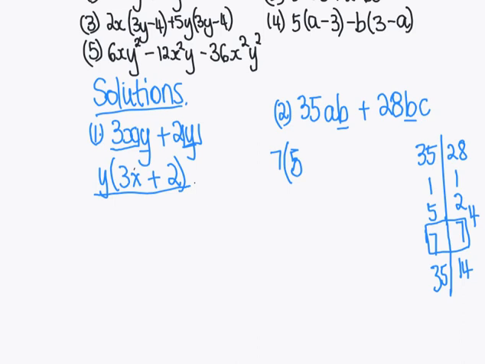Let me just write that correctly. Oops, I made a mistake here. B is also common, so we take 7b, then there's a 5 for 35, and then we have a that is remaining there, plus 28 divided by 7, you'll be left with a 4 there, and the b is gone because it's a common factor.